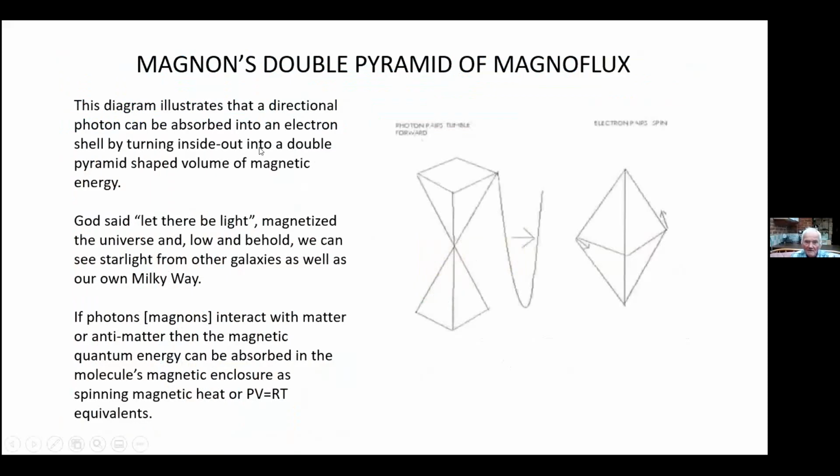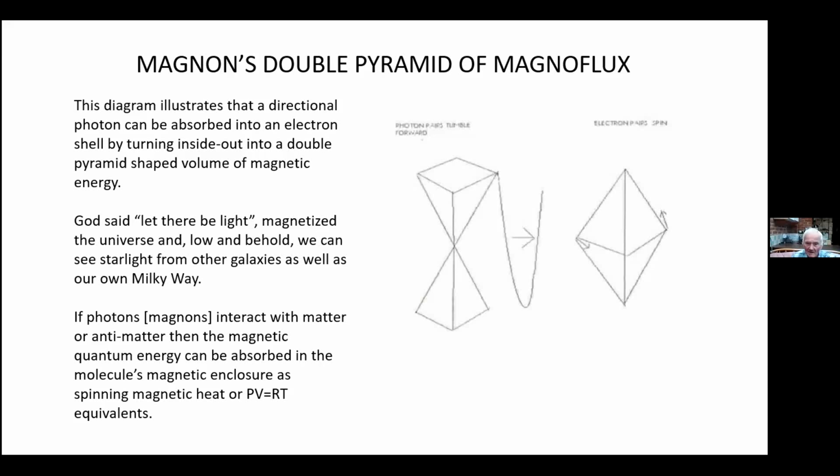So magnons are like a double pyramid of magnoflux. This diagram that you can see on the right indicates that a directional photon can be absorbed into an electron shell by virtually turning inside out into a double pyramid shaped volume of magnetic energy.